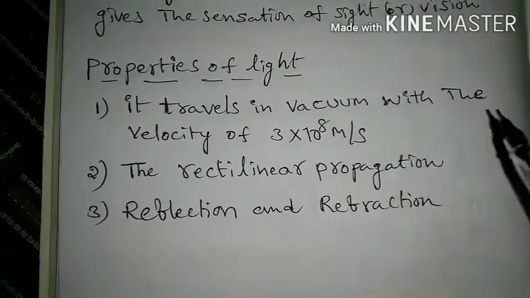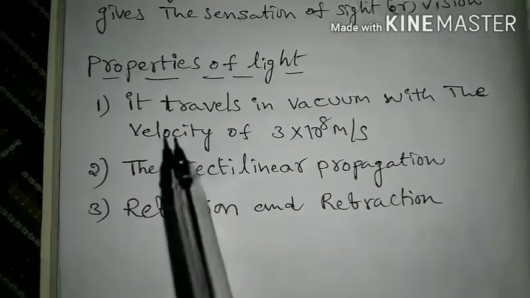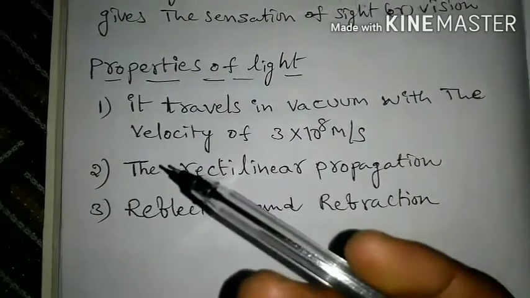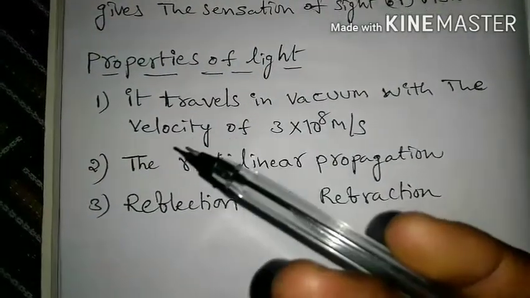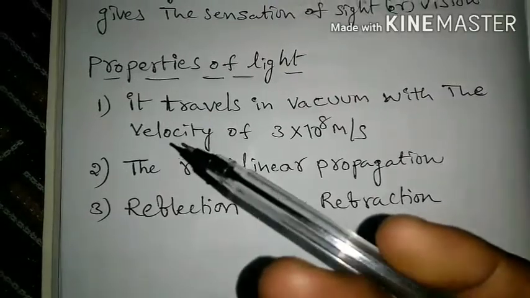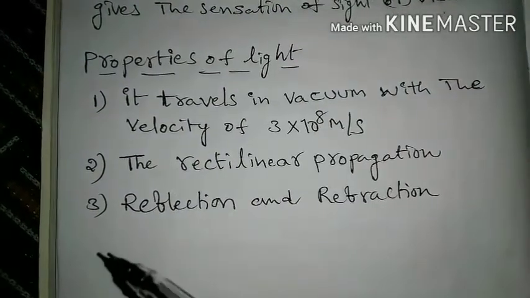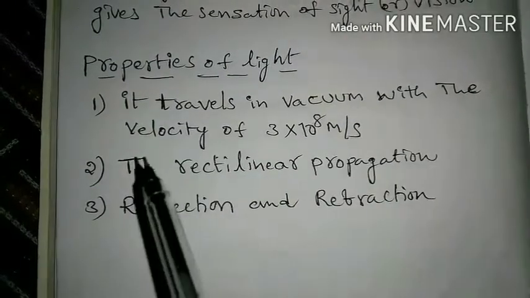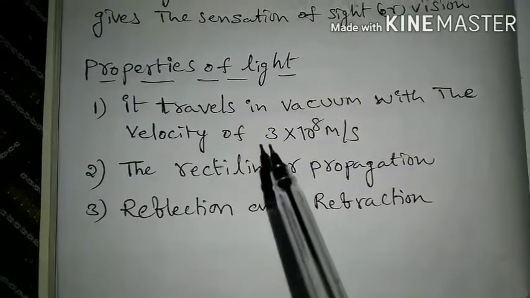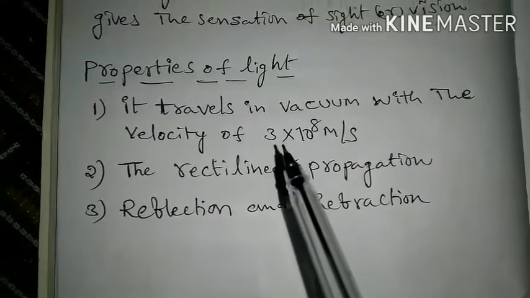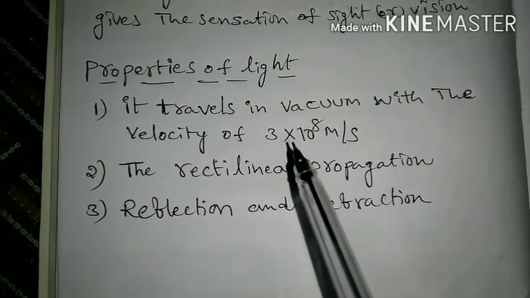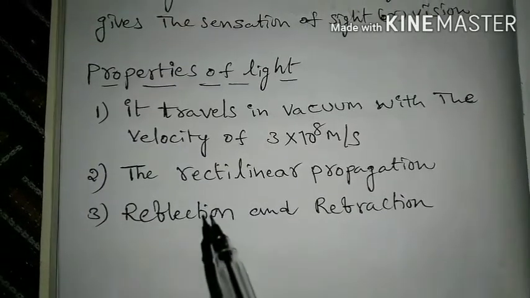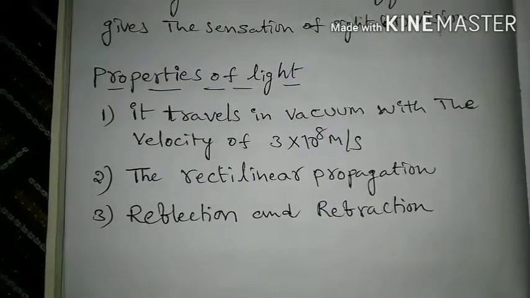What is meant by velocity? The rate of change of displacement. Light travels in vacuum with the maximum velocity of 3 into 10 power 8 meter per second. This is the first point.